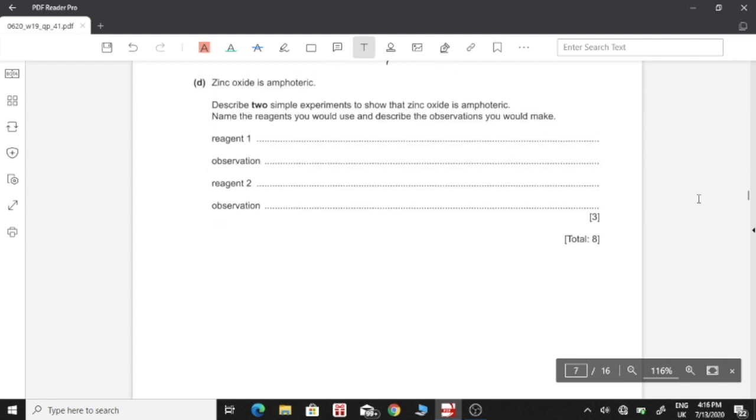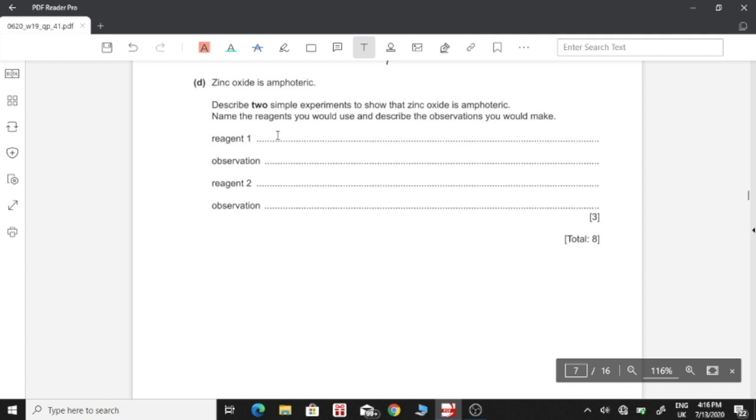Part D. Zinc oxide is amphoteric. Describe two simple experiments to show that zinc oxide is amphoteric. Name the reagents you would use and describe observations you would make. So, amphoteric substances are those that react with both acid and alkali and they form salts.